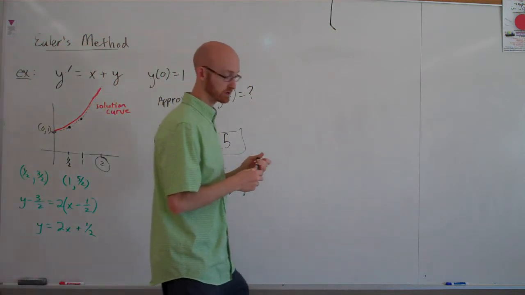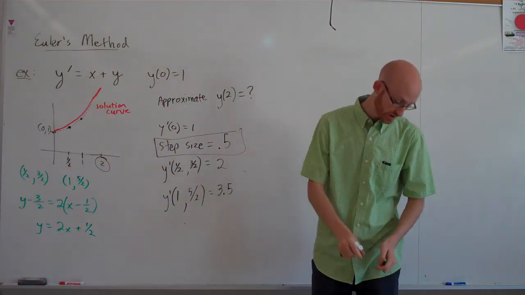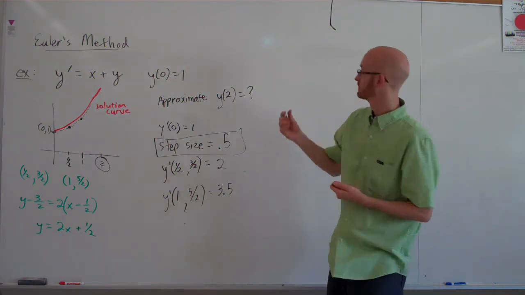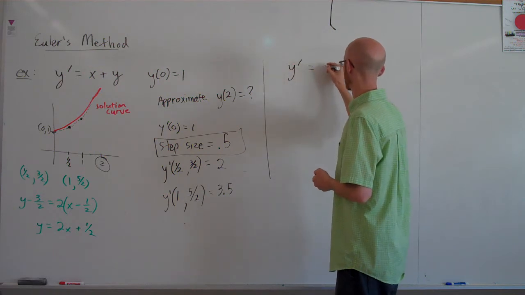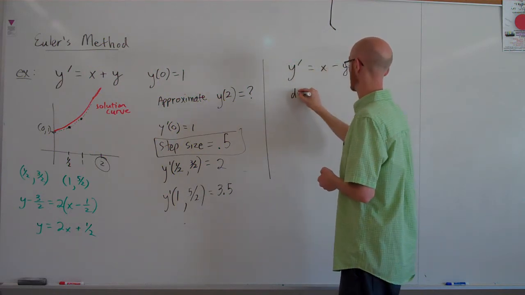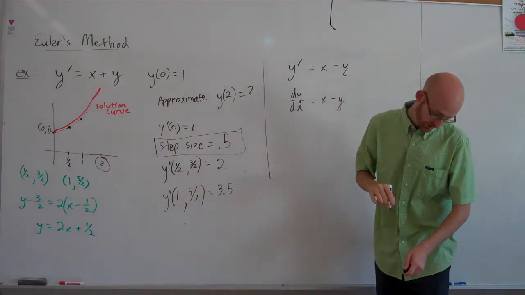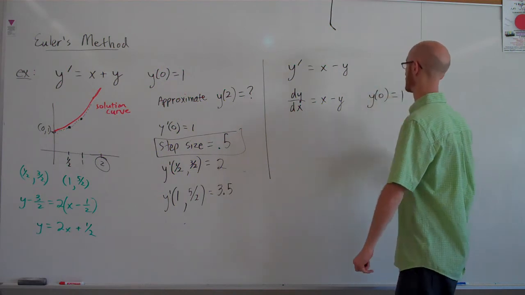So a very typical question that IB would ask, they'd start you with a differential equation. Let's just say, for the sake of argument, y prime equals x minus y, also known as dy dx equals x minus y, with the initial condition again of y of 0 is equal to 1.